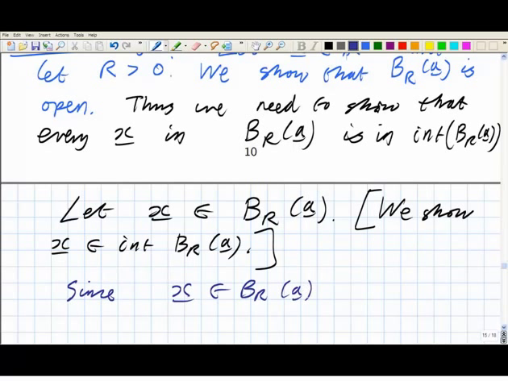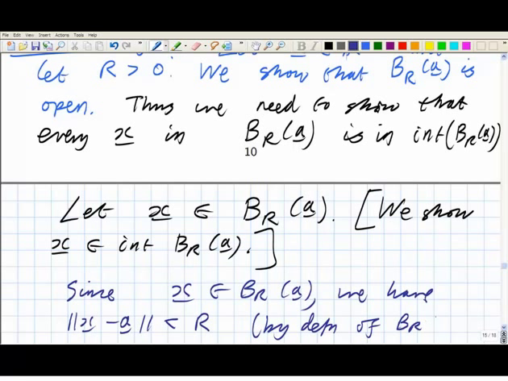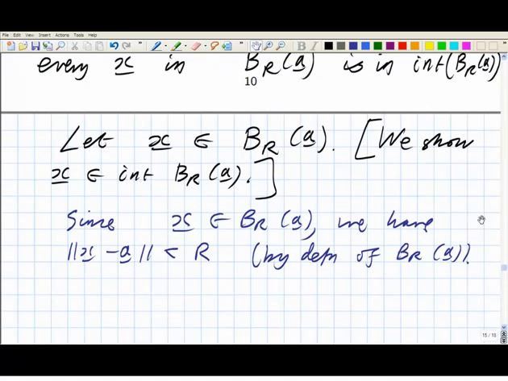But let me note that first, I want to make sure it's a positive number, so since x is in B_R of A, we have the norm of x minus A is less than capital R by definition.